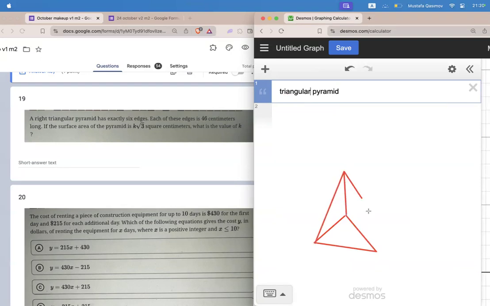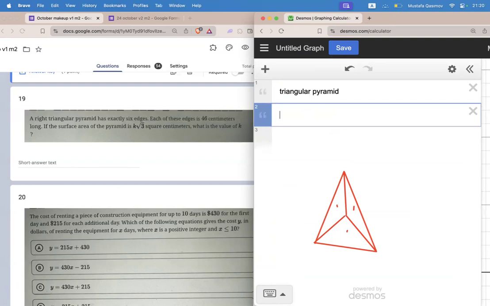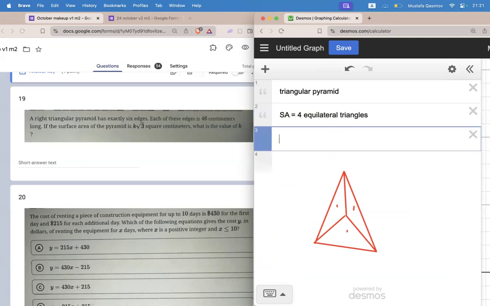You can see that we have here 4 triangles. 1, 2, 3, and that one, 4. And it says each edge is equal to 46 centimeters. It means that its surface area is equal to 4 equilateral triangles, like this. And it says that its surface area is equal to k square root of 3, which is all equal to 4 multiplied by the area of one equilateral triangle.